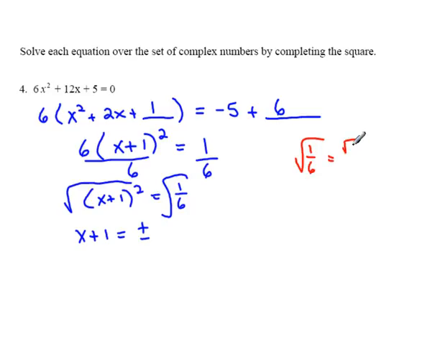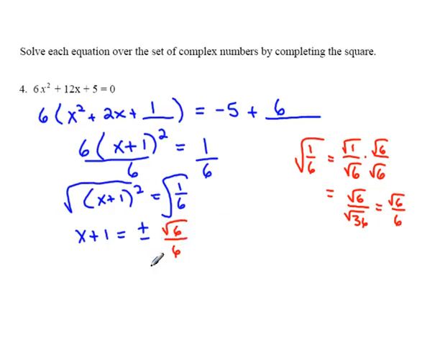So I'm going to split it up, and I need to rationalize the denominator by multiplying top and bottom by the square root of 6. So that gives me square root of 6 over the square root of 36, which is the square root of 6 over 6. I cannot cancel the 6's because 1/6 is outside the radical and 1 is in. So it's going to be square root of 6 over 6.